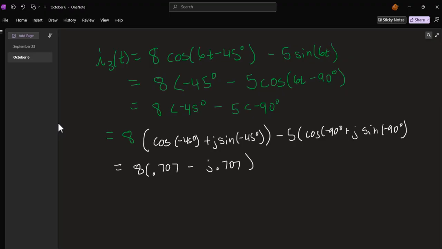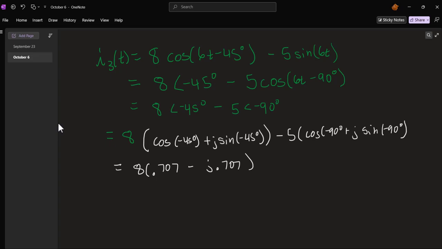Okay. 0.012 cosine of 2 pi times 10 to the 4th t minus 60 degrees. So 0.012 is my magnitude. Omega is 2 pi times 10 to the 4th, and I have to write that out to the side because that's not going to be part of my phasor.